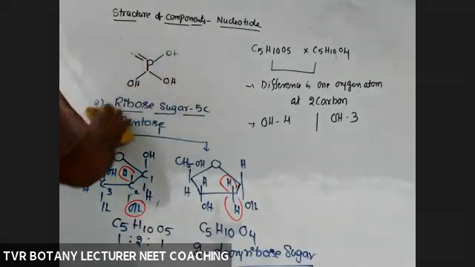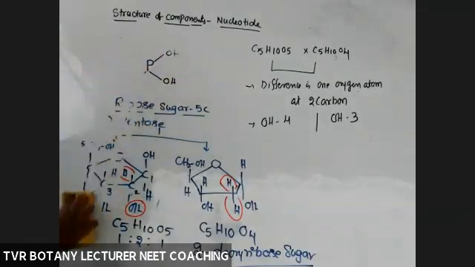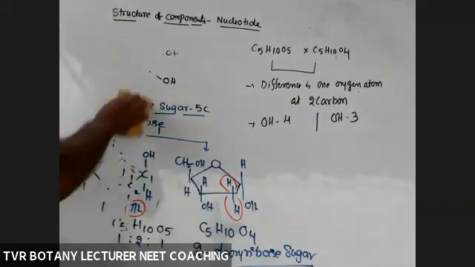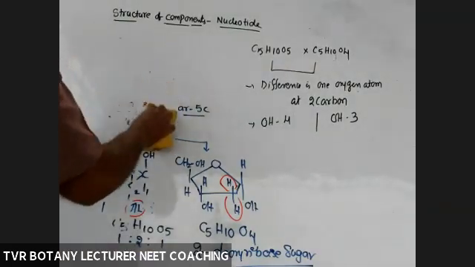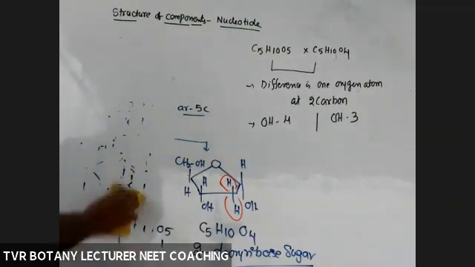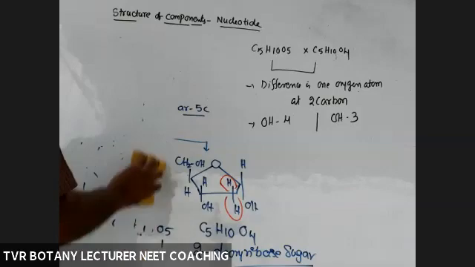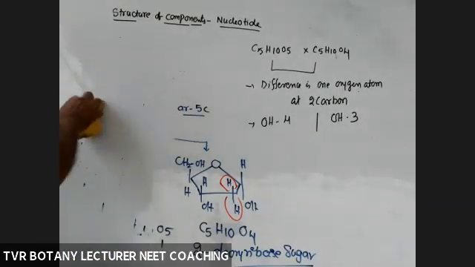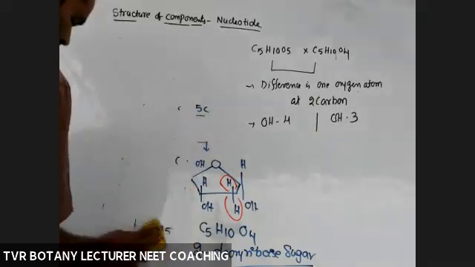Phosphate completed, sugar completed, and the third component is nitrogen bases. We will define heterocyclic compound after completion of all these. What is a heterocyclic compound? At the end only, not now.